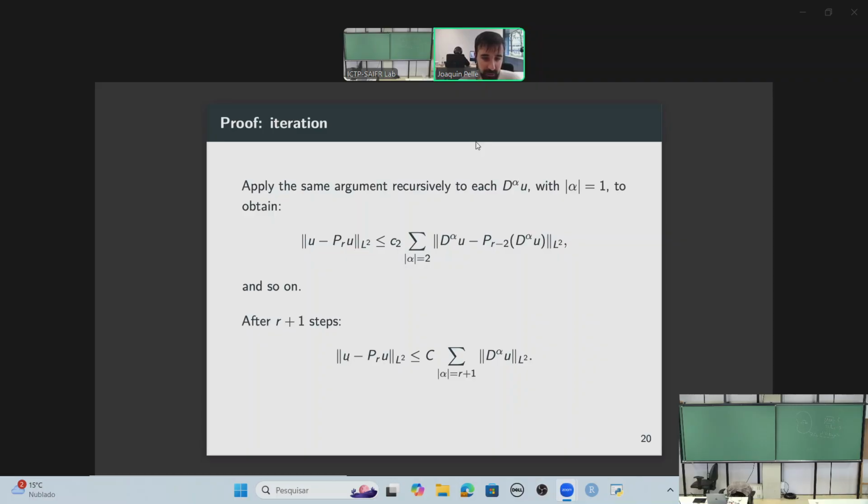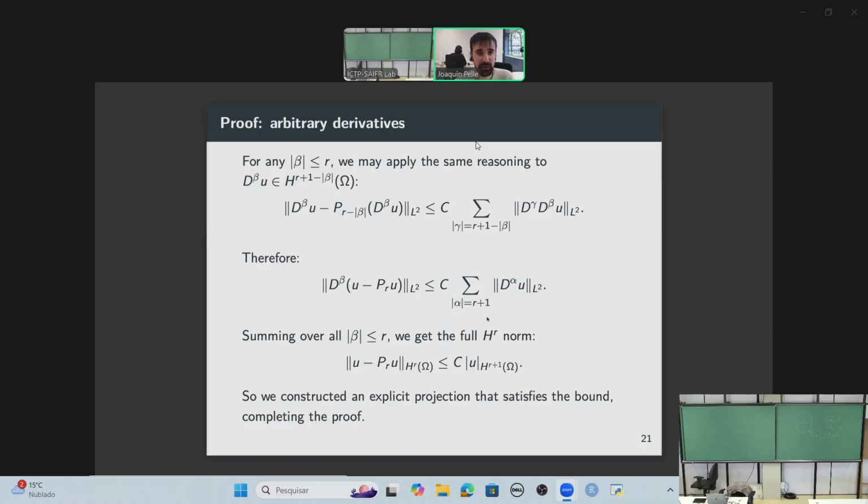And essentially what we're going to find here is that the L2 norm of this difference can be bounded by a certain constant C that will come from all the products of these different constants that the Poincaré inequality gives. But this doesn't really matter. We just want to know that it's a constant that only depends on the domain. And we're going to have here then the sum of all the derivatives of the highest order, up to order R plus 1, right?